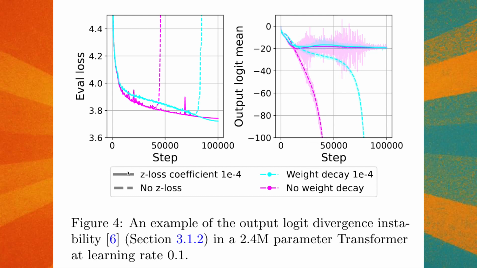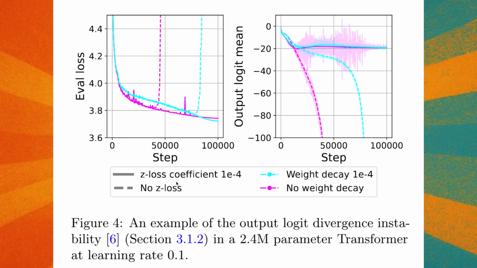When we do apply our z-loss, so we go from the dashed magenta line to the solid magenta line, our training continues and it's relatively stable. There's a little bit of a spike here, but relatively stable throughout the duration of training. And the output logit mean, instead of exploding in a negative fashion down to negative 100 and beyond, plateaus at negative 20.